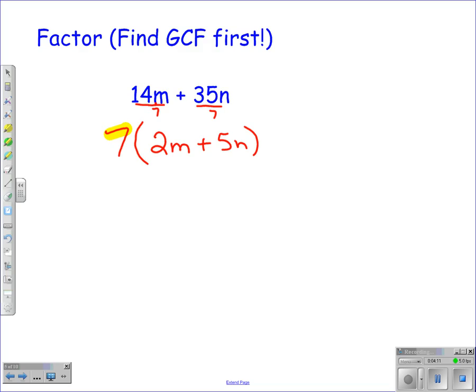It should. 7 times 5n, does that give you the 35n? It should. What factoring is doing here is undoing the distributing that you've learned how to do. We're finding out what number was distributed inside. So this is our factorization for 14m plus 35n.